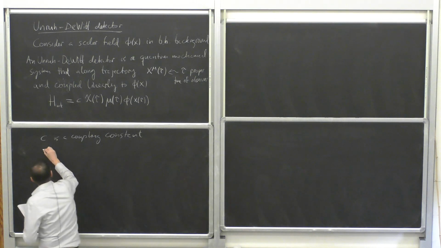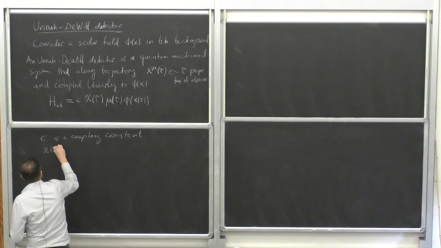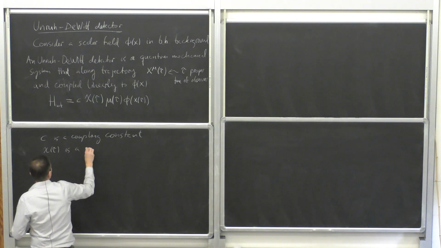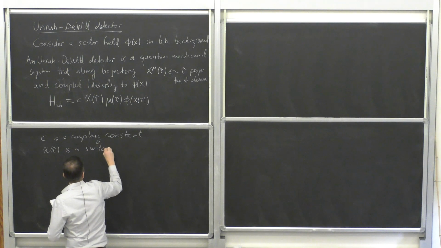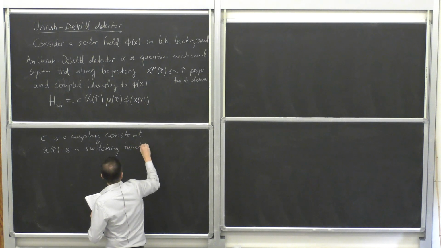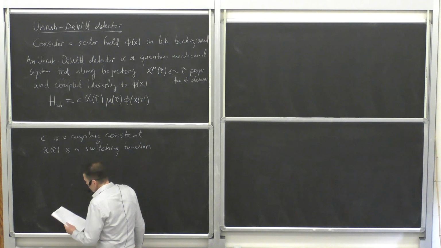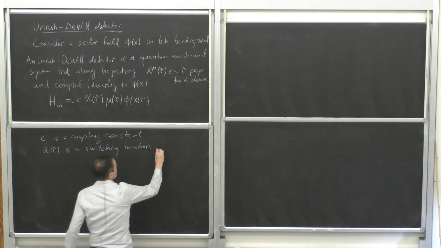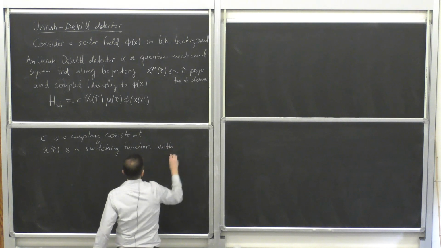Now, this chi of tau is called the switching function, and it has compact support, let's say.